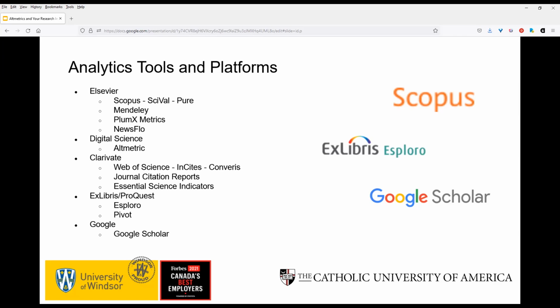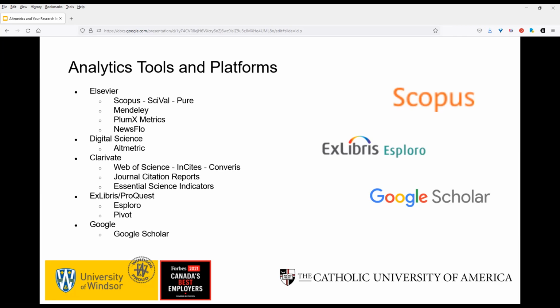Esploro is a mixture between an institutional repository, so for those initial papers that an institution's faculty might produce, as well as a data repository. So the underlying data that go into producing that research, particularly in the sciences, and then also some of the funding pieces.